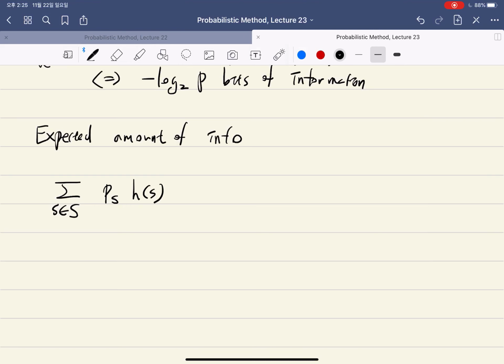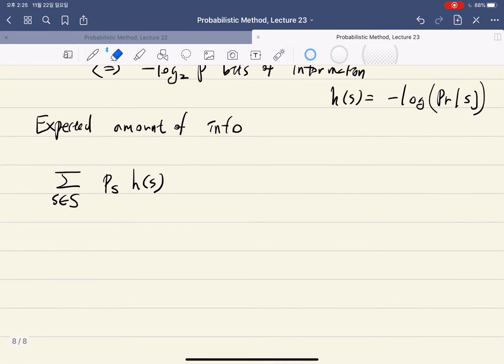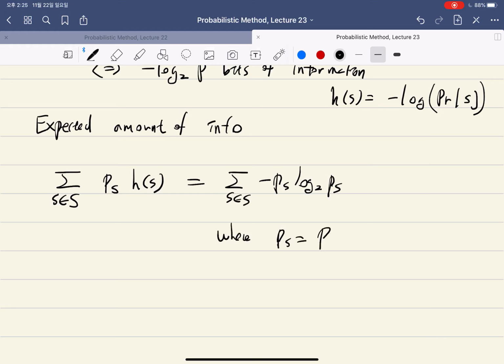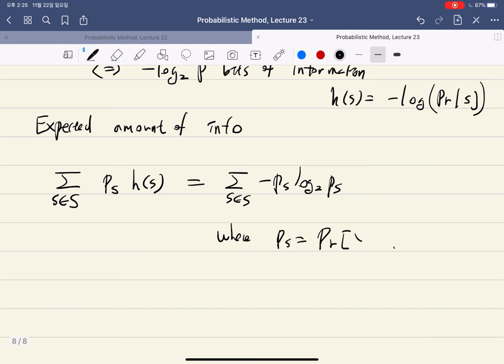And this is the amount of information, let's say H of Y, minus log probability of s. This is the summation of minus p_s log base 2 of p_s, where we write p_s for the probability that the event s happened. Let's say Y is the random variable we took, so Y.